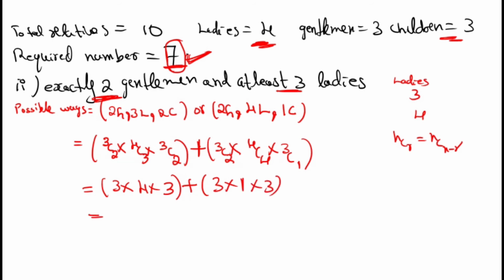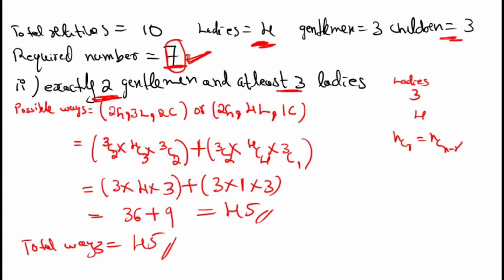It's equal to, see, 4 3s are 12, 12 3s are 36, plus 3 3s are 9. 36 plus 9 it's equal to 45. So total ways is equal to 45. There are 45 ways to invite 7 relatives out of 10 relatives.